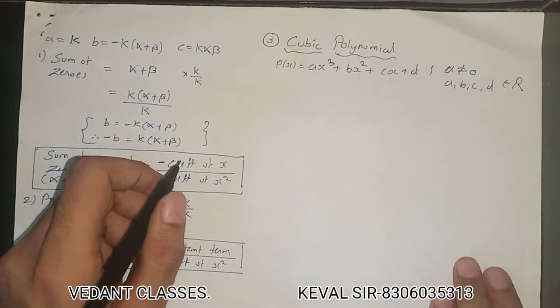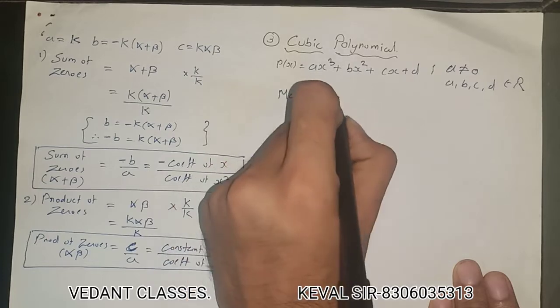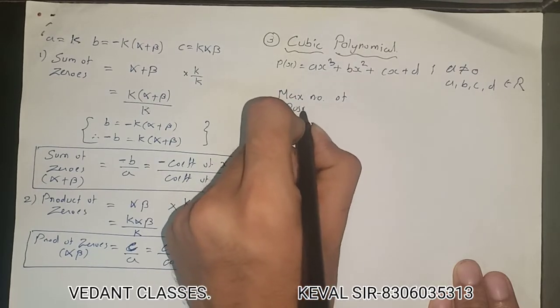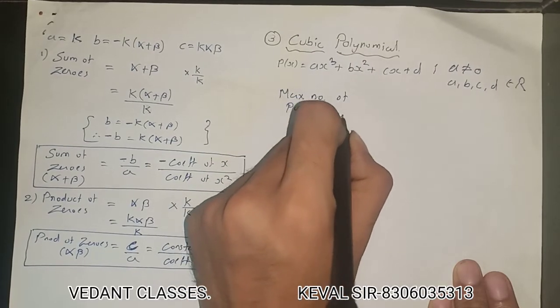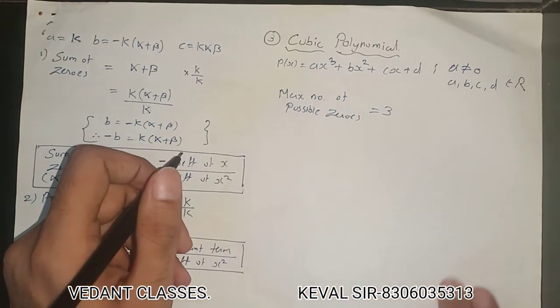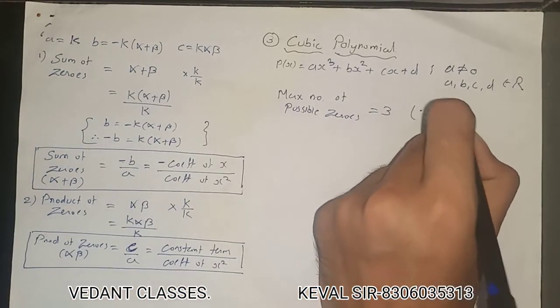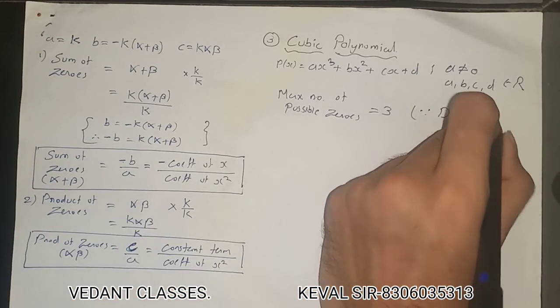Okay, so here, what is the maximum number of possible zeros? So 3 possible zeros, because here the degree is 3.